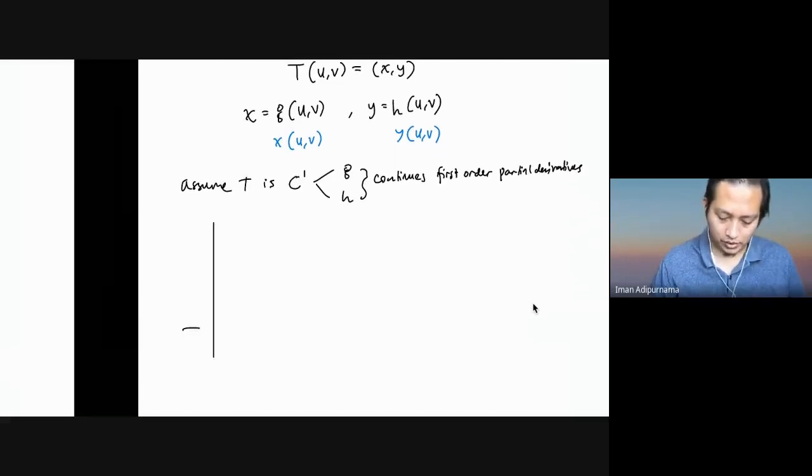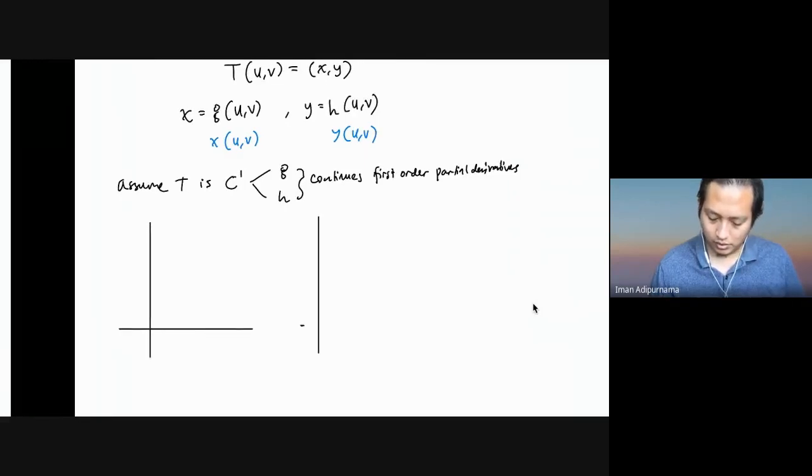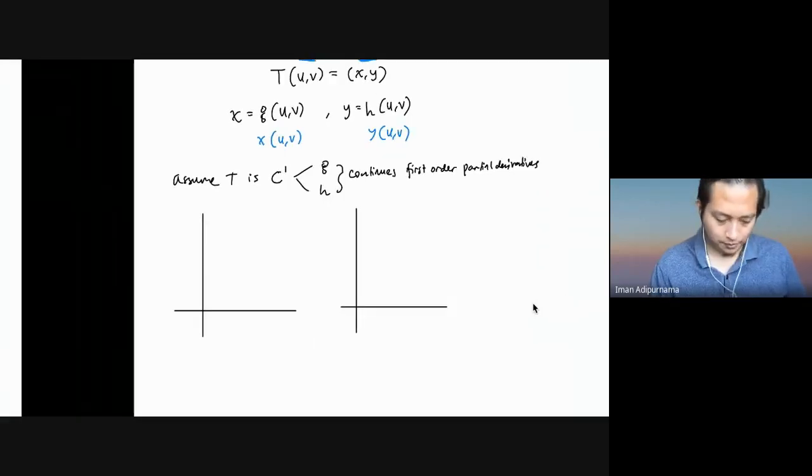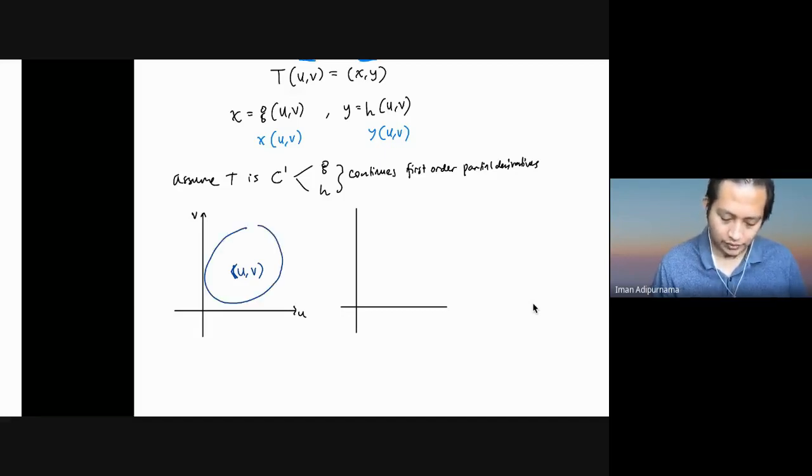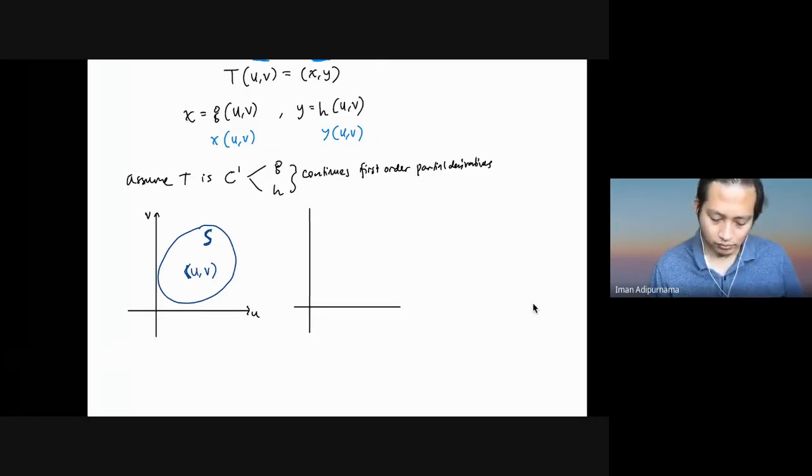Okay, maybe this is the UV. So this is U and V. So we have an axis, and let's say we have the region, its region is S. And this part here, let's say R, and this is XY.